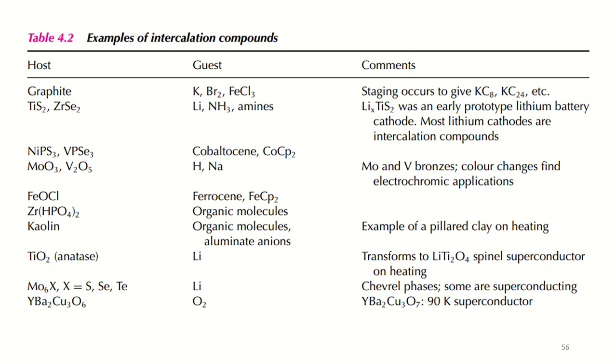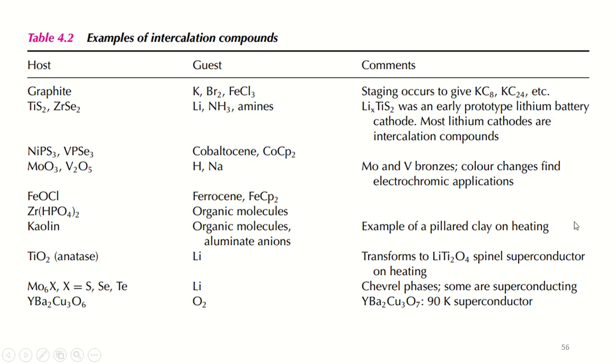The comment is that molybdenum and vanadium bronze color changes find electrochromic applications. The host is FeOCl, ZrHPO4, and kaolin. The guest is ferrocene FeCp2, organic molecules, and aluminate anions.